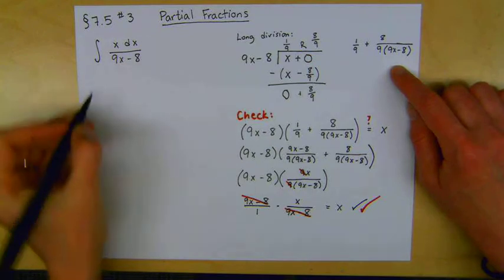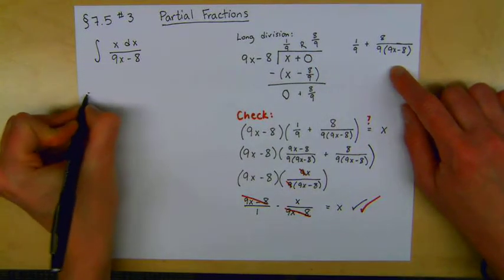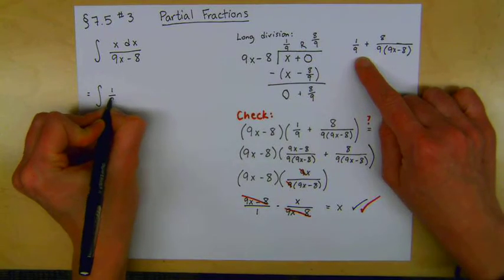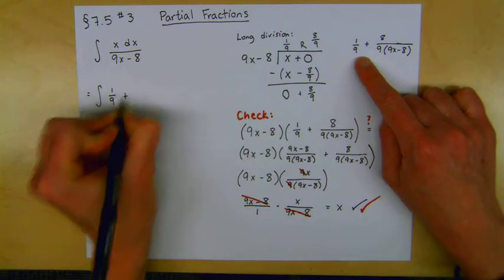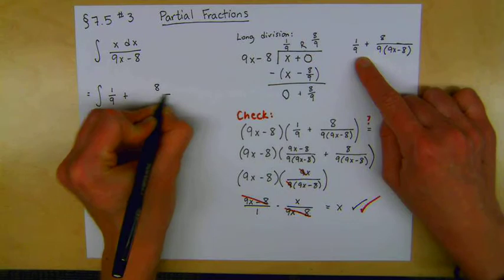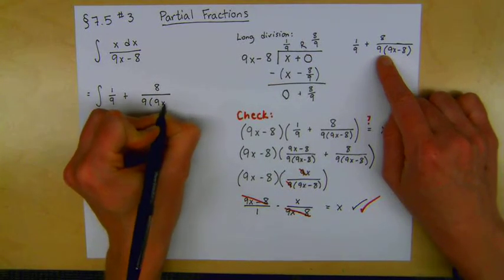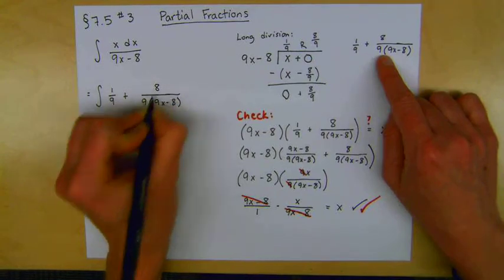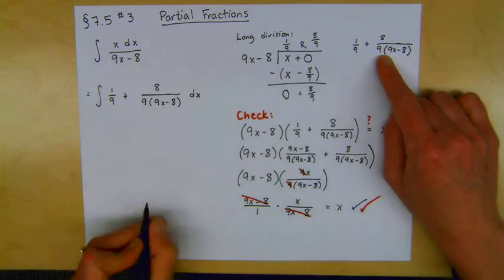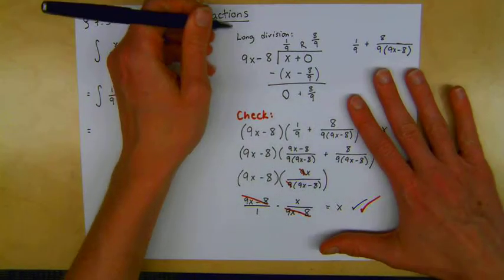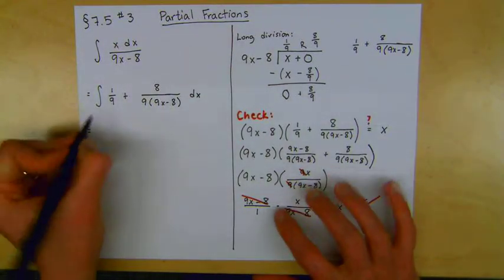It means that I can rewrite this integral. This is equivalent to the integral of 1/9 plus 8 divided by 9 times 9x minus 8 dx. And I can break this up into two separate integrals. This is my messy work.